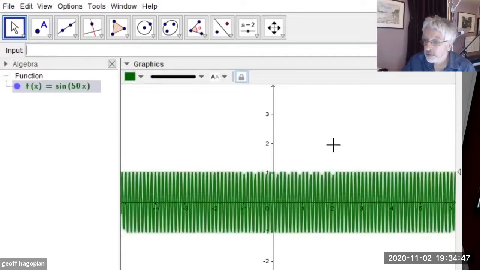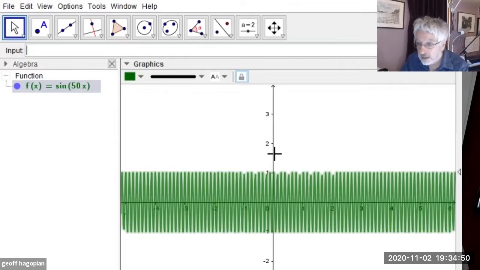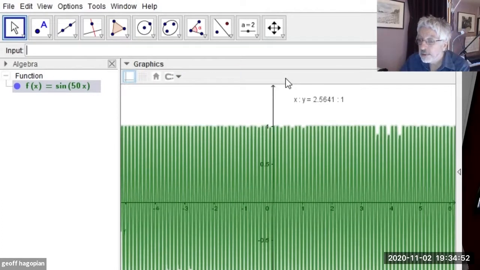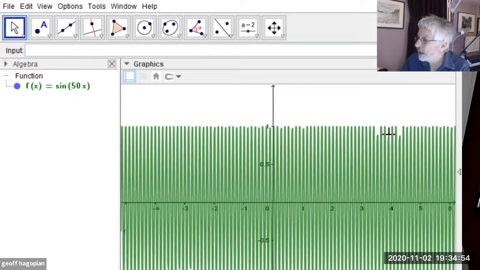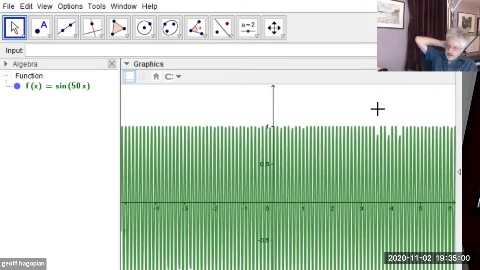So I press enter, and we can expand vertically. But you see this weird phenomenon where there's little dropouts? What's going on there? Well, how many points are there on this curve? Infinitely many, right? It's a continuum of points. Between any 2 points, are there infinitely many points on the curve, right?